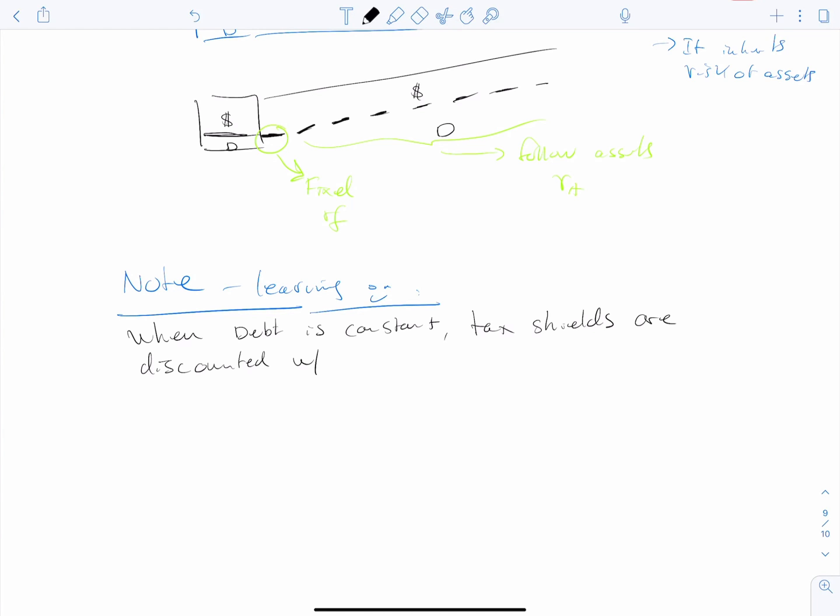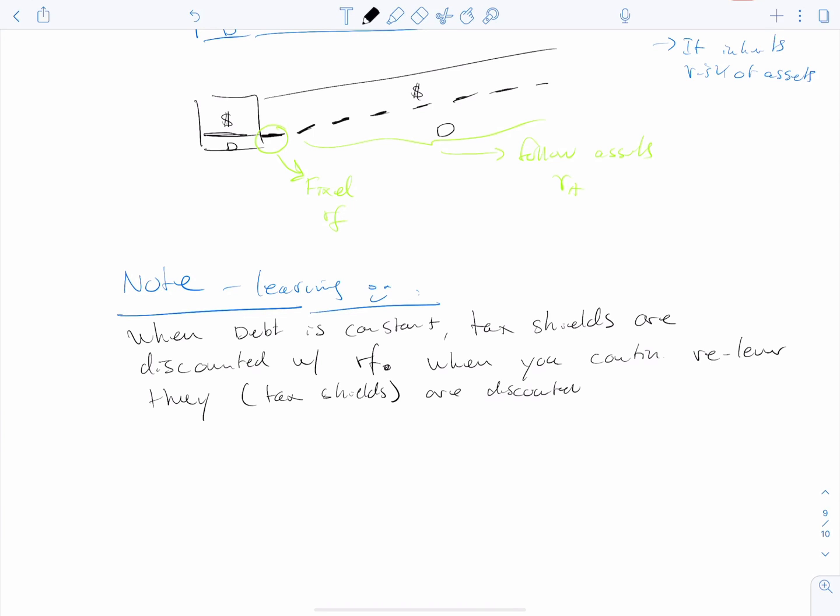When you continuously relever, so continuously update your debt level in the firm, the tax shields are discounted with RA.